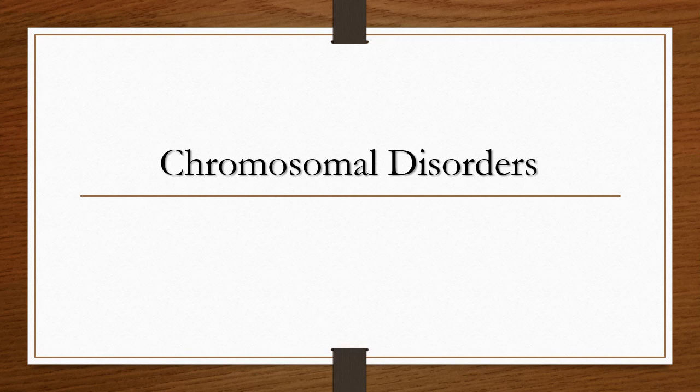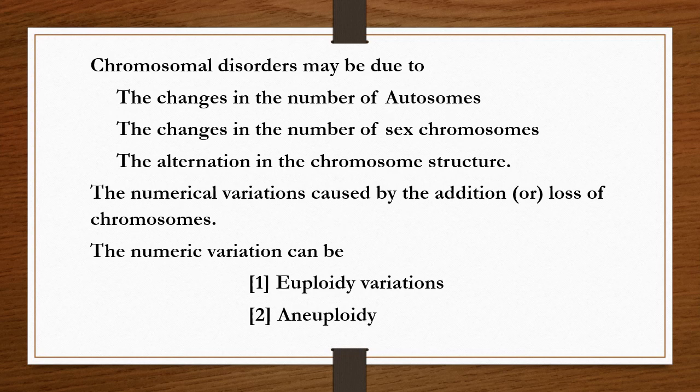Whereas chromosomal disorders occur due to a change in the structure or a change in the number of chromosomes. So let us see the reasons for the occurrence of these chromosomal disorders.